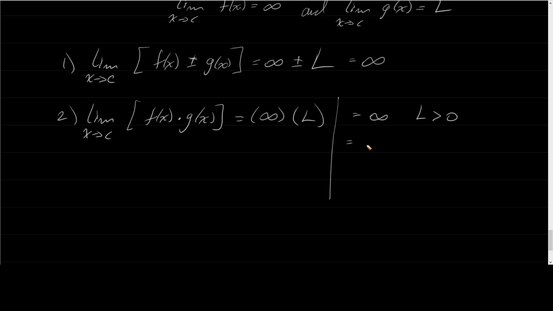It's going to be equal to negative infinity if L is less than 0, right? So if L is positive, a positive number times infinity is positive infinity. If L is negative, a negative number times infinity is negative infinity. But if L equals 0, then this is indeterminate. So this is going to be indeterminate when L is equal to 0. All right, so those are the three options there.